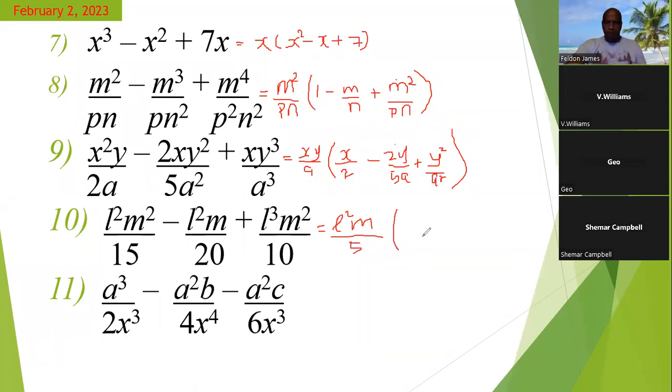Continue. All right, so we have 5. So we have open bracket. So we'll have just M in the numerator. Yes, sir.